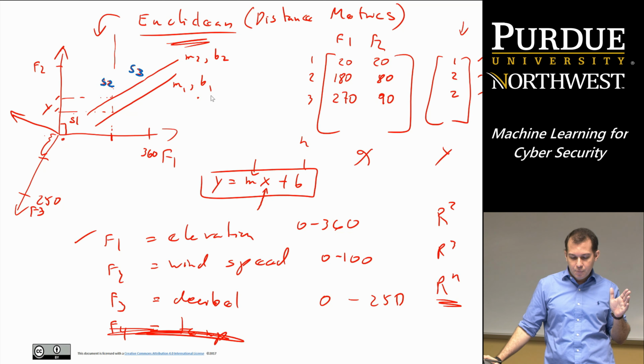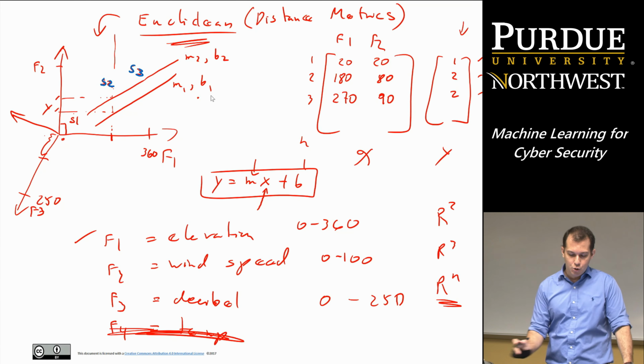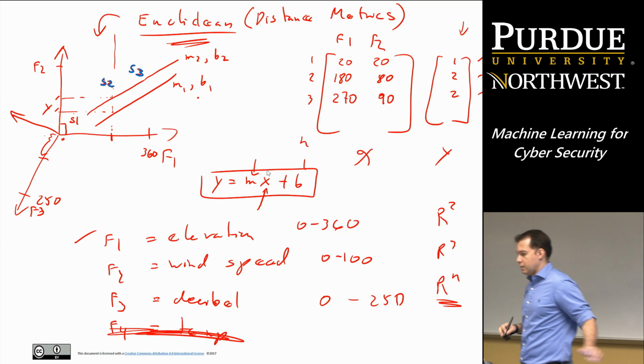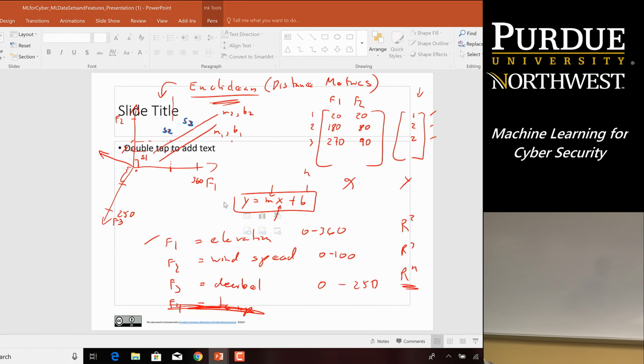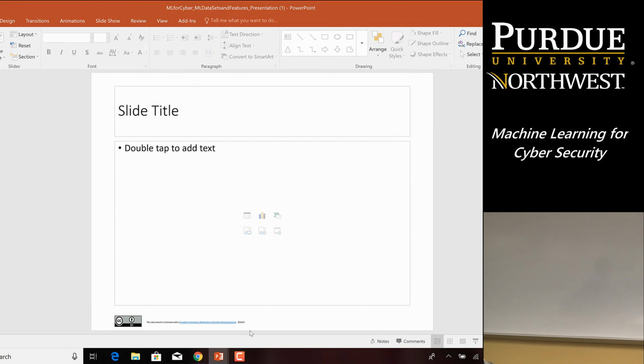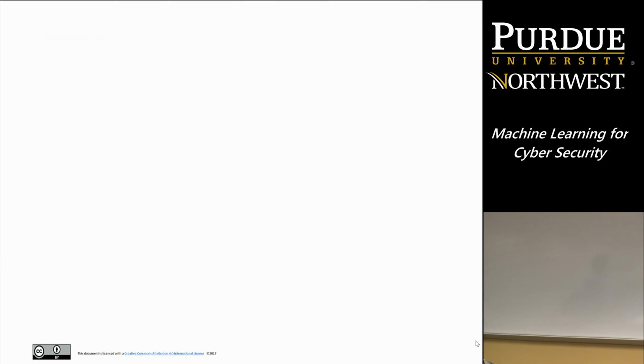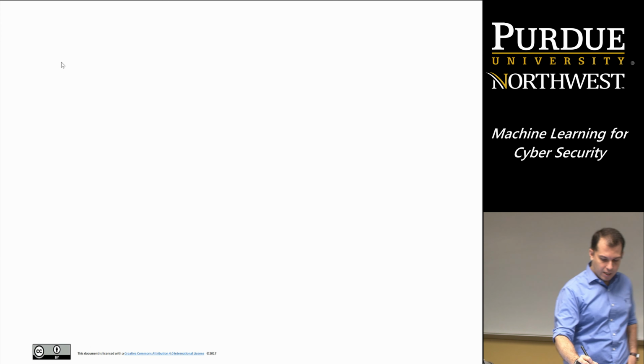And that very simple concept is all that happens in machine learning. Machine learning is about, let me move to something less messy over here. Let me draw this again.